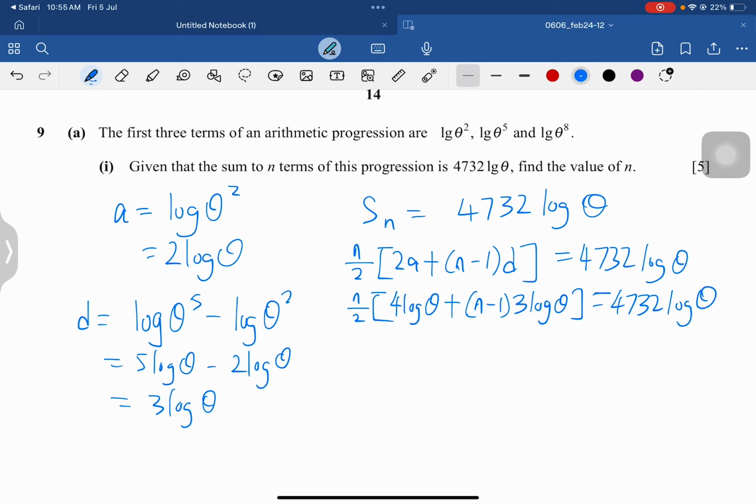Inside the square bracket, there are 2 terms, 1 here and 1 here. There's a common log theta you can take out: n over 2 log theta, 4 plus 3 times n minus 1, equals 4732 log theta. So you can cut the log theta.